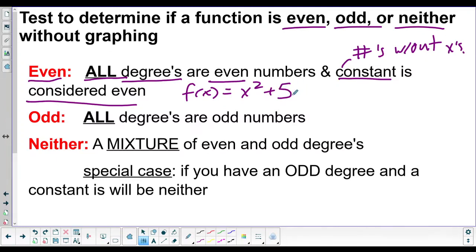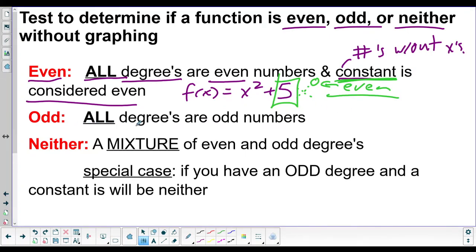All we care is that there isn't an x here. This is like x to the 0, and 0 is even. So the number 5 counts as even though it's an odd number. So constants without variables are even.